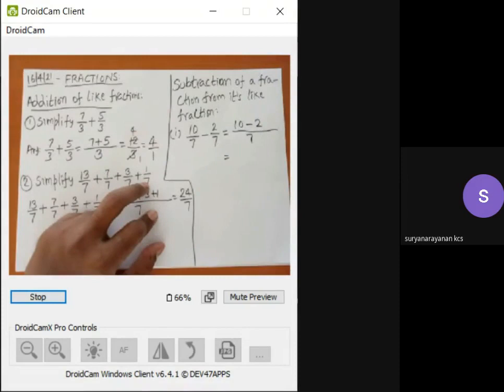What will you get here? 10 minus 2. What will you get here? The numerator, my dear Krish. Can you tell me? What will you get here, numerator? Are you there online, Krish?